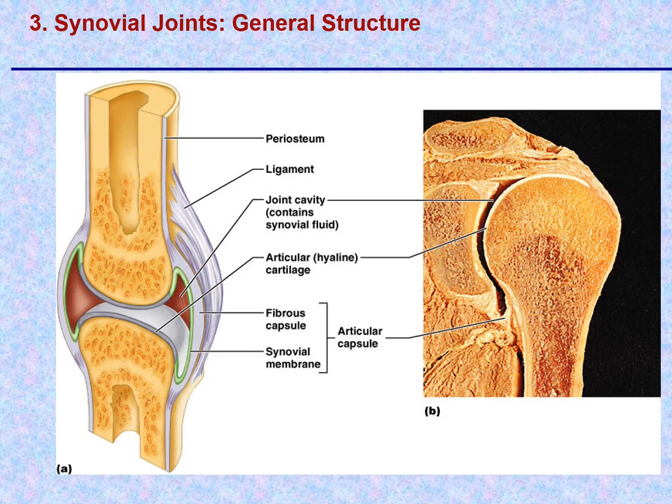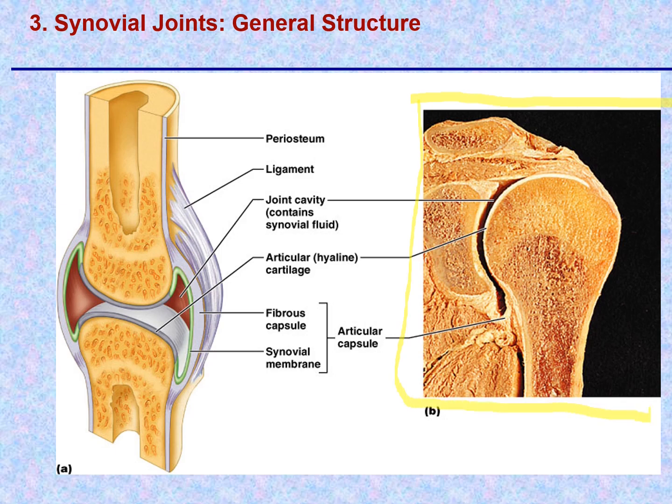Here you see a very simplified diagram of the general structure of a synovial joint. This is the kind of thing that you would see in, I guess, the knee, whereas on the right what you see is, I believe, a shoulder joint.